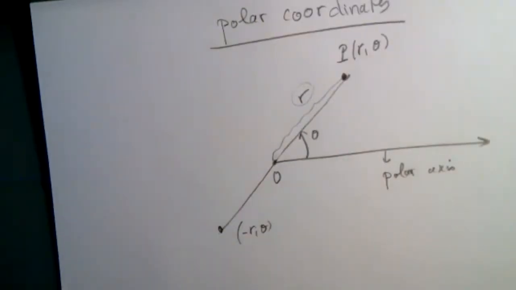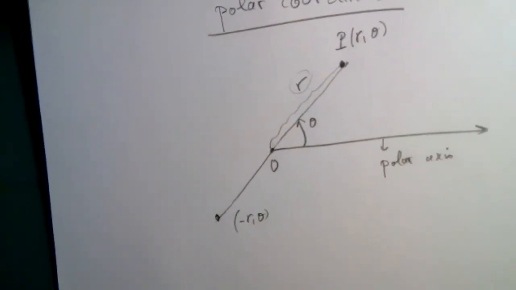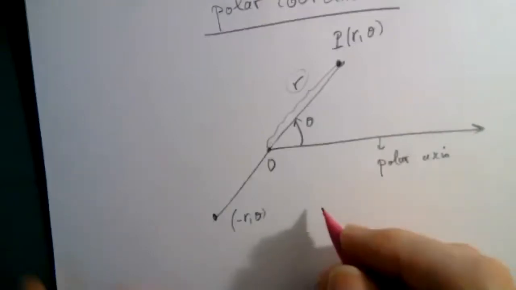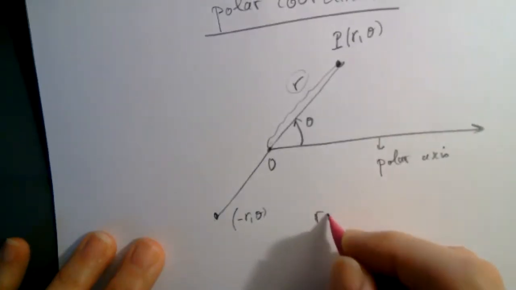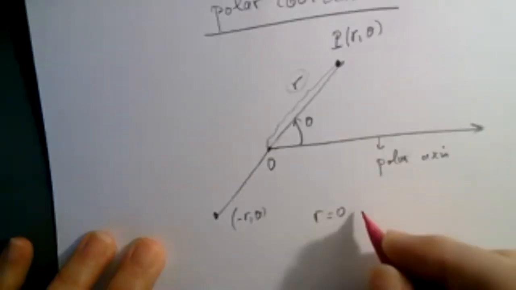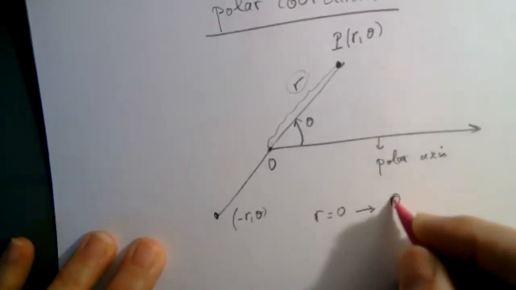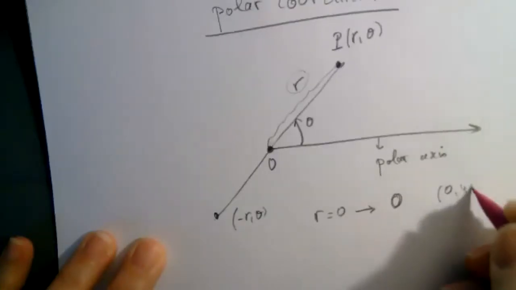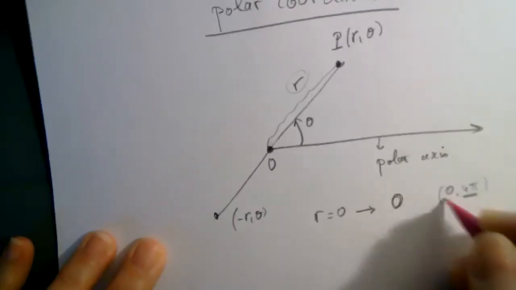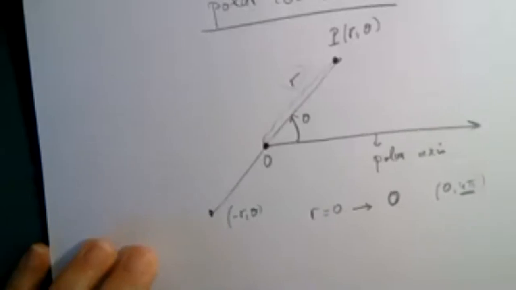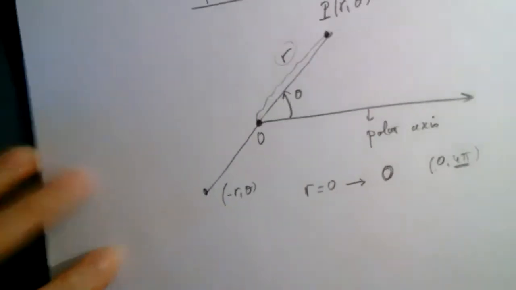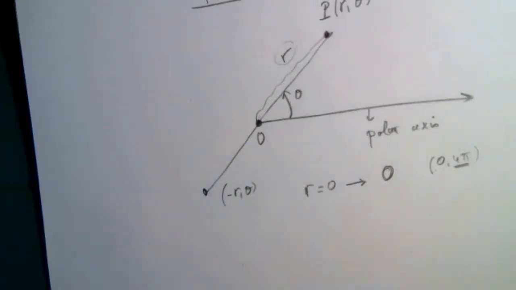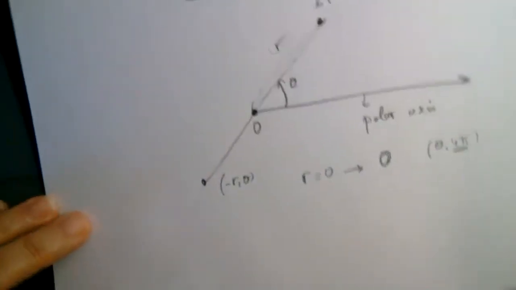So we extended the meaning of R to allow R to be negative. And one thing probably I forgot to mention last time, if R equals 0, this corresponds to the origin right there. So if I write (0, theta), it doesn't matter what theta is, R equal to 0 corresponds to that point.